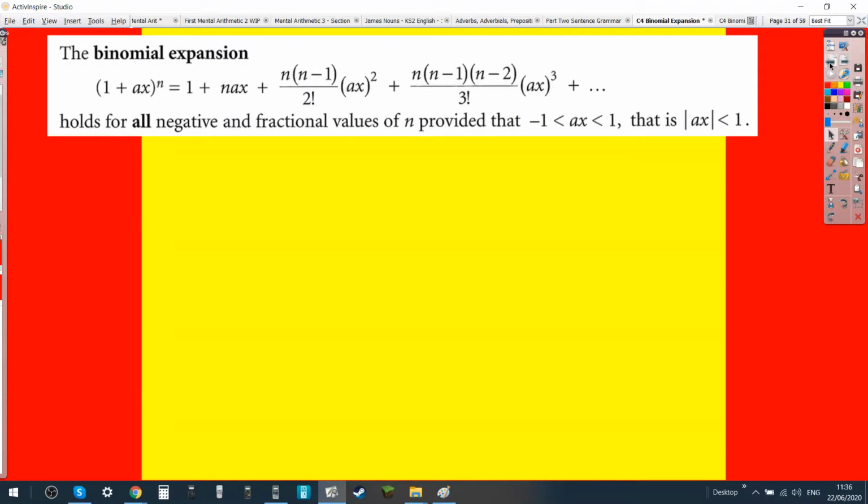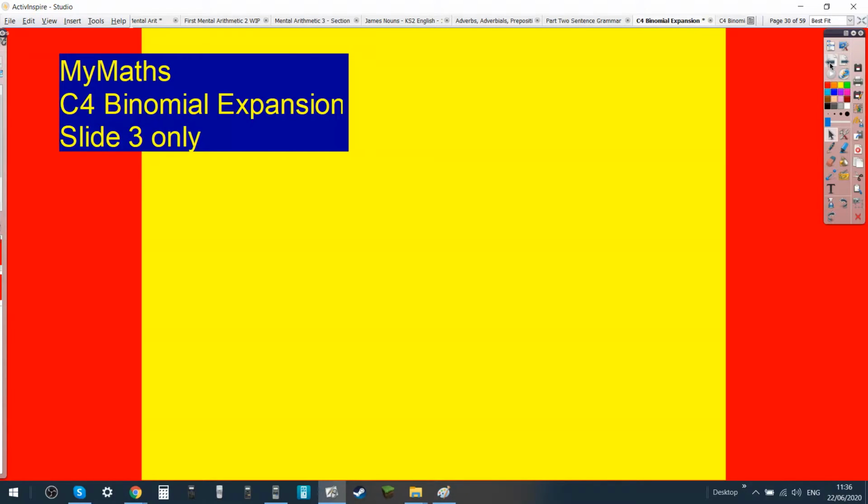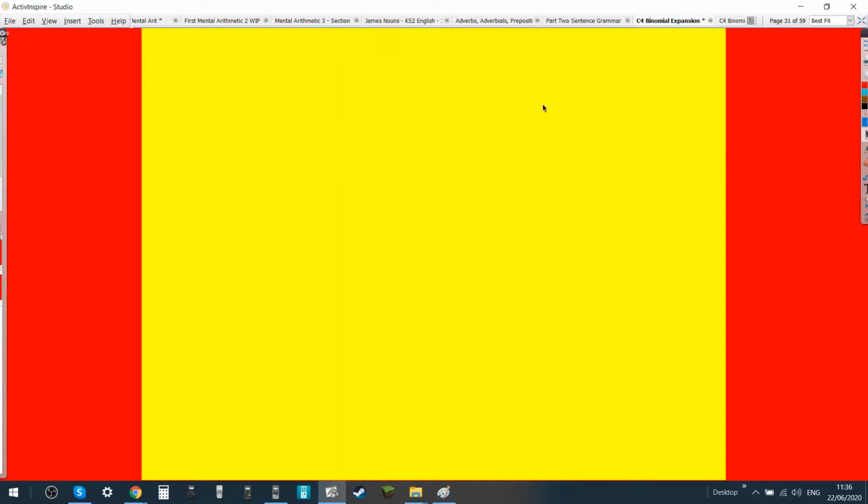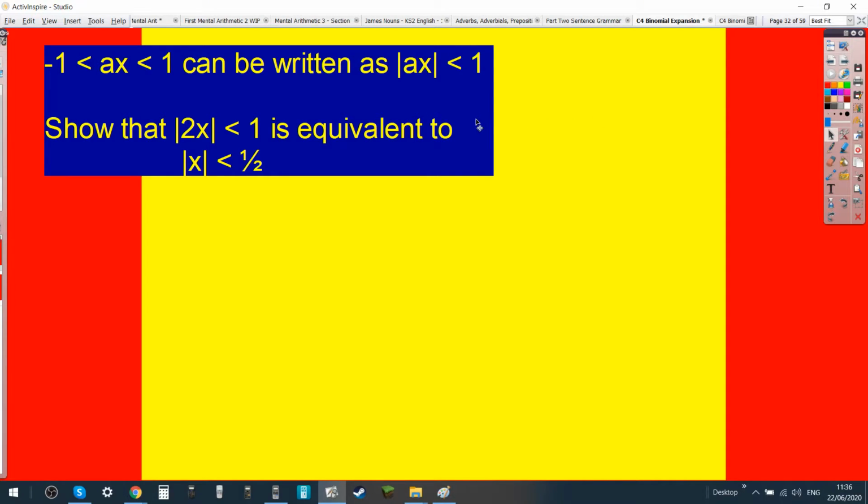So we can derive the formula from the previous one: if x is between 1 and minus 1, the bigger the power, the smaller it gets. And so for binomial expansion, you only have to do it to a few places. This one's going to be fine.